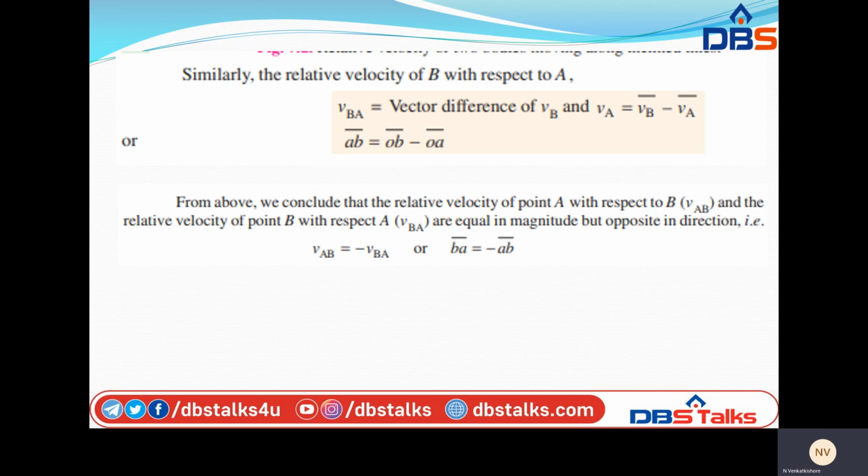So VAB is equal to VBA in magnitude, but in direction they are opposite, so we need to put a negative sign. So VAB equals negative VBA, or BA bar equals minus AB bar. Everybody note down this formula.